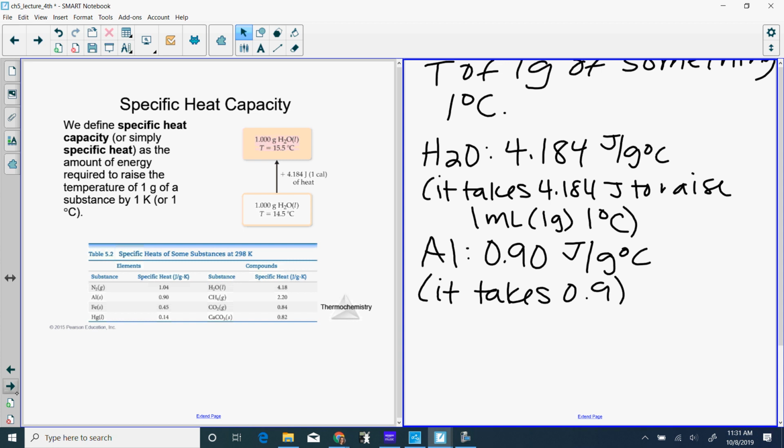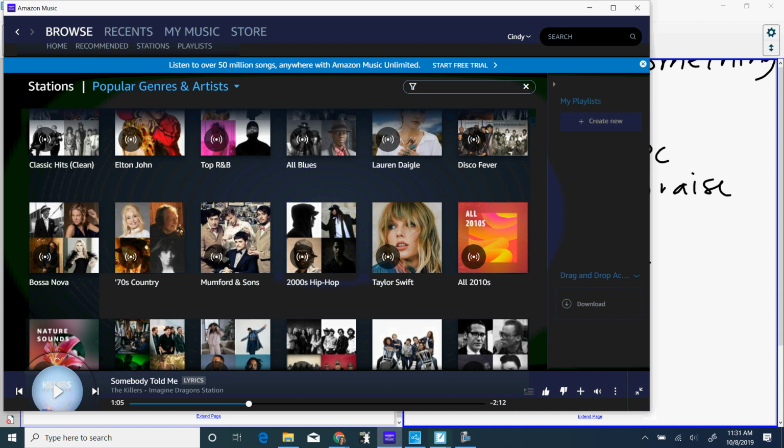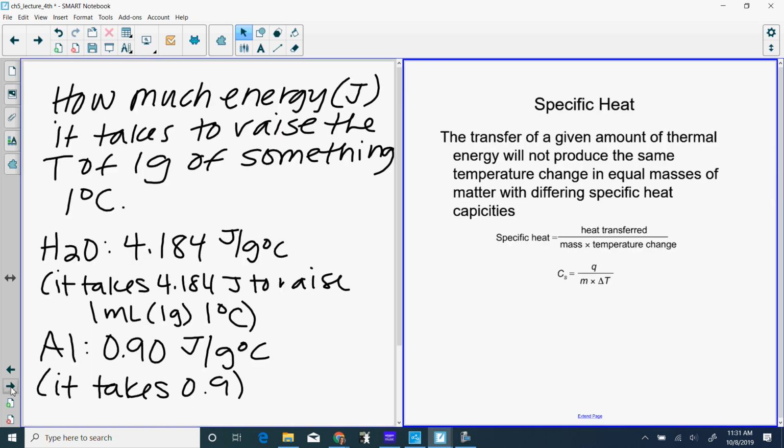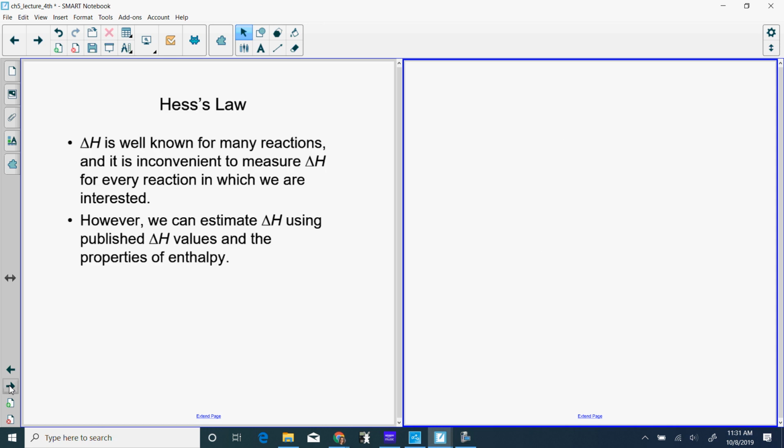Okay, when the music starts, talk about how come when I heat up a plate of leftovers, it doesn't all heat evenly. Ready, go. Because some stuff has a higher specific heat.